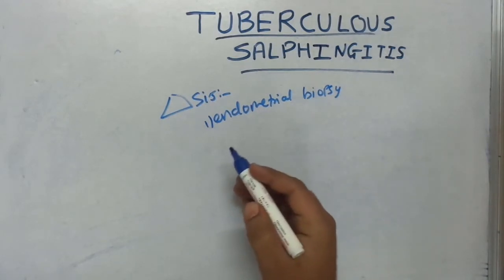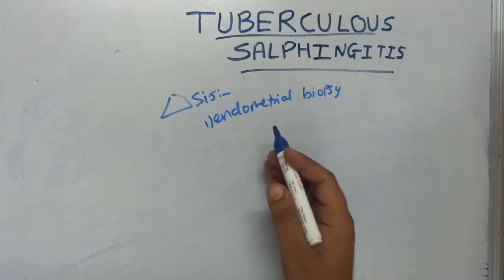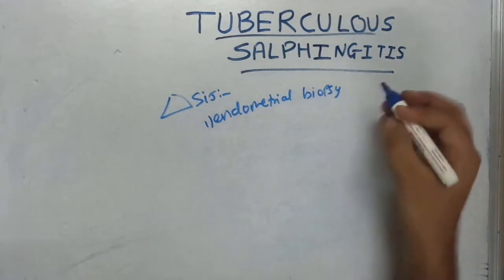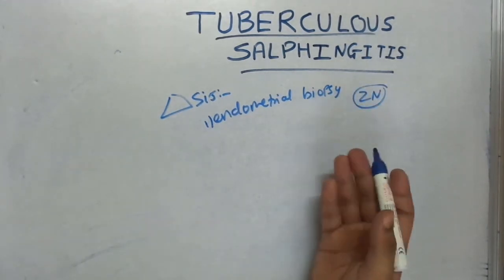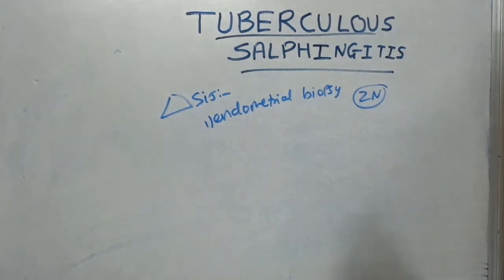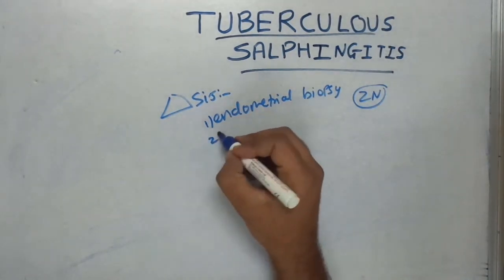As we know, for Mycobacterium tuberculosis we do not do gram staining, we do ZN staining. Other tests may be performed on the tissue such as PCR and others, we will see them further.